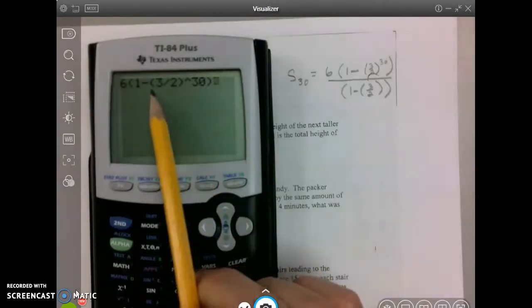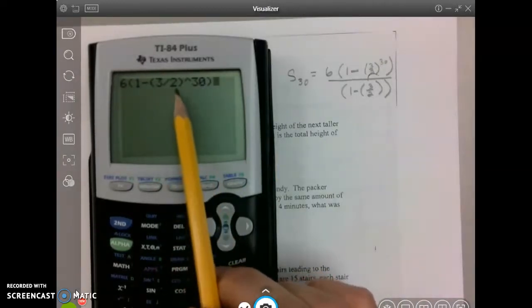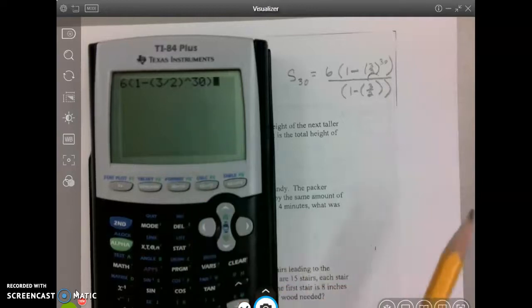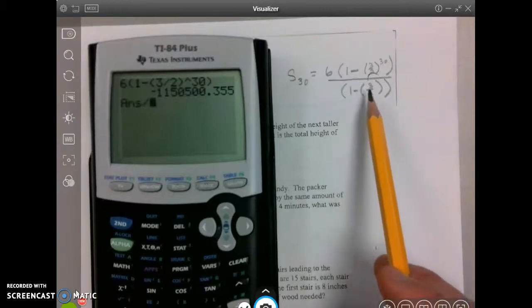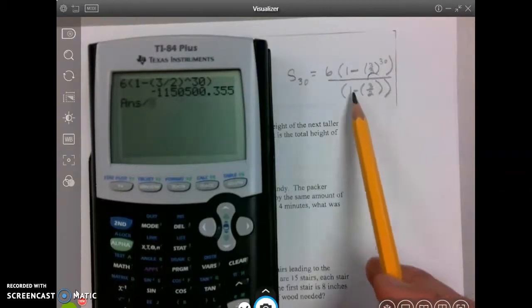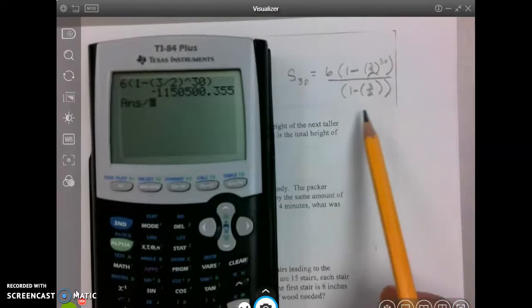So notice that I protected the 3 halves with parentheses, and you should hit enter and get that answer. Then what you're going to do is divide by, now I know that this is 1 minus 1.5, so I would be dividing by negative a half.